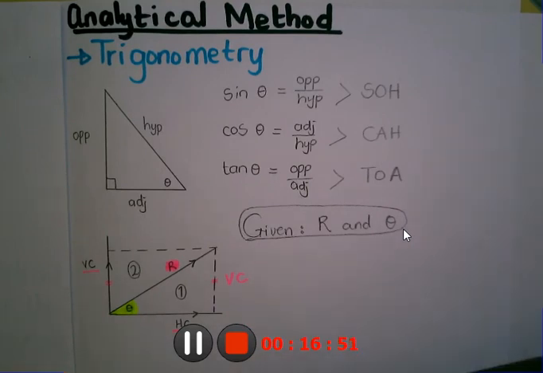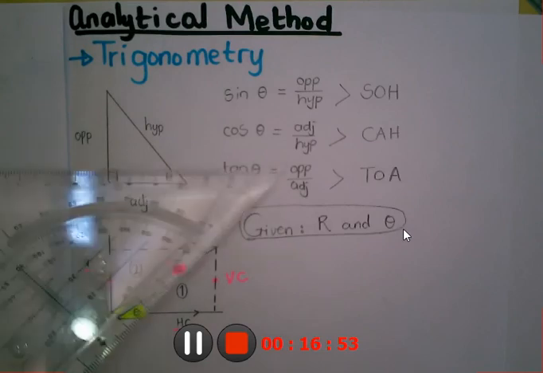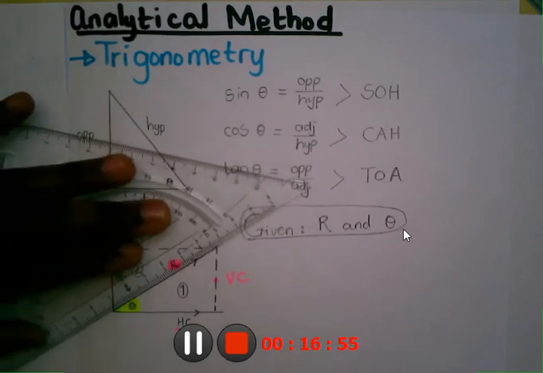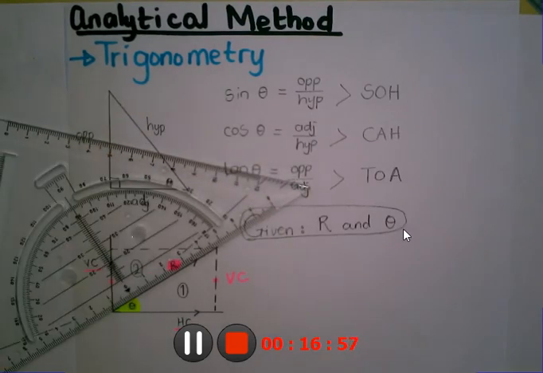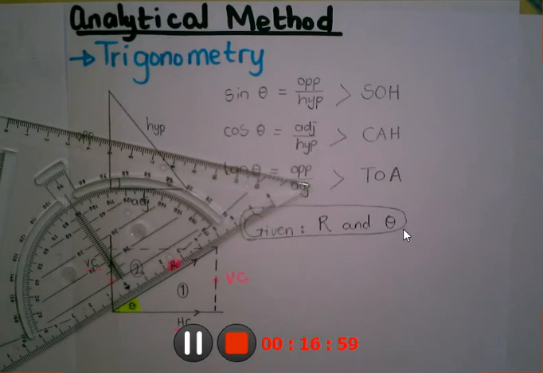So for now, I want us to consider only triangle number 1. Forget about triangle number 2 for now. We are considering triangle number 1. Now, if we are at this triangle, then you are asked to determine or calculate VC, the vertical component, and the horizontal component of the given force.